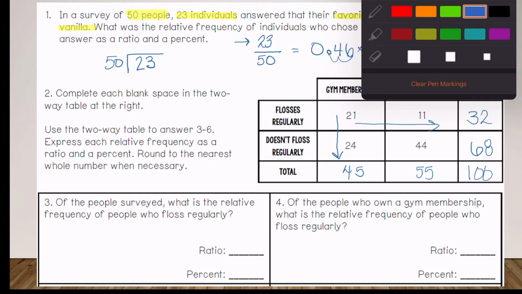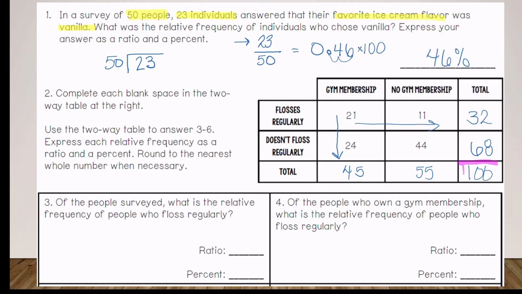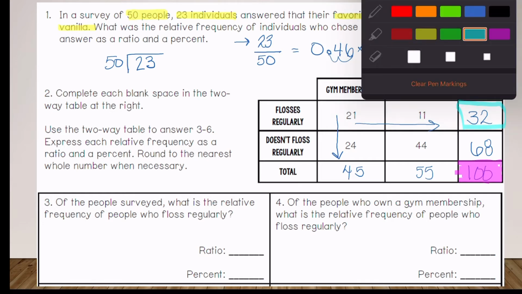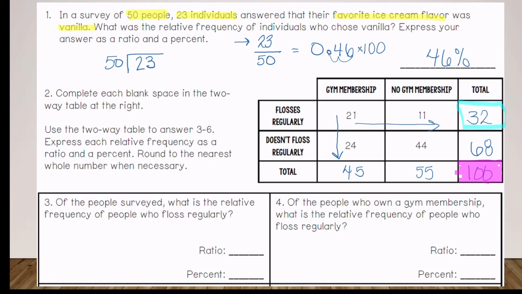So we need to understand something here. This is the total number of people surveyed in all, whereas we have these other totals, where this is the total number of people that floss. So remember, we have to know which total we're trying to work with. So if we come here, of the people surveyed, I'm going to look at my total. What is the relative frequency of people who floss regularly? They just want all the people that floss regularly.